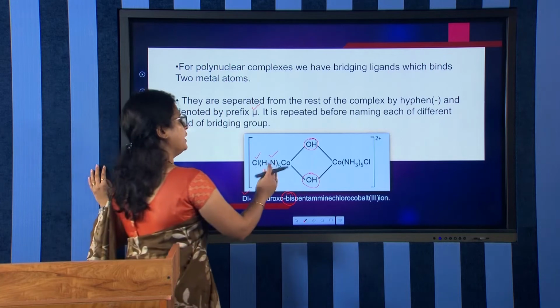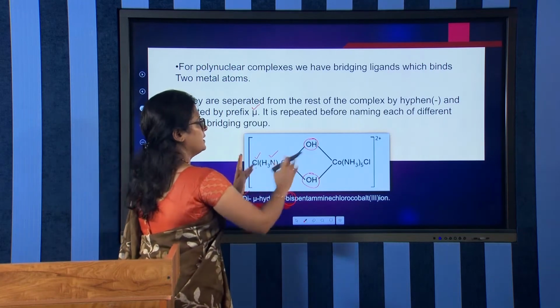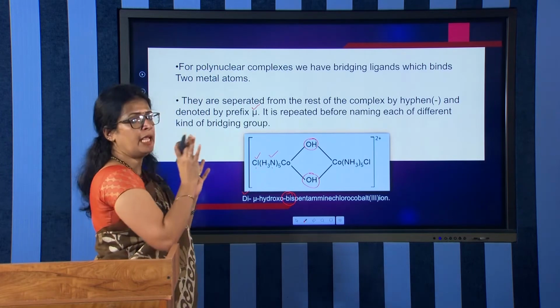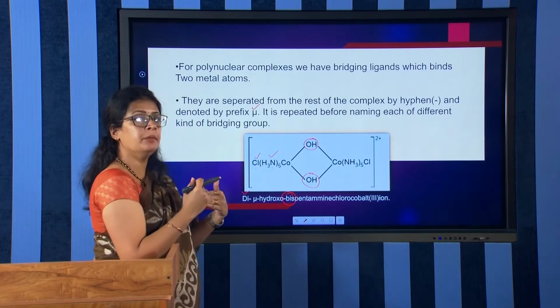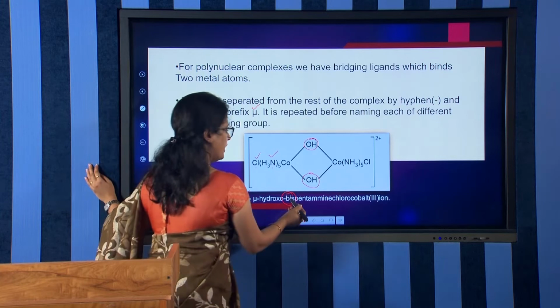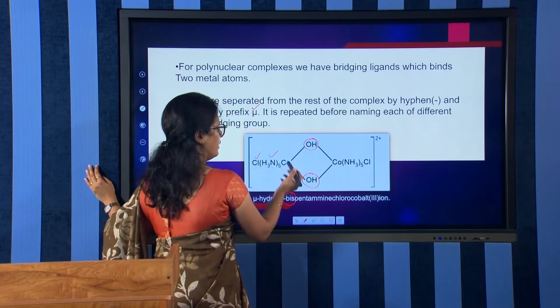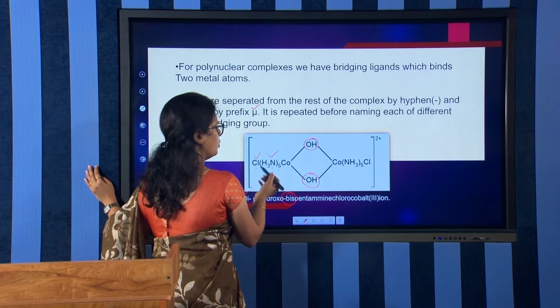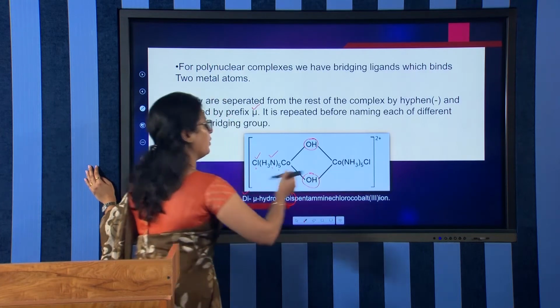And now we have to name each part, but both parts are the same. So, you have to name only one and just add bis before that, and that is why it is bis. Now, name only one part, that is bis pentamine chloro cobalt 3 ion.